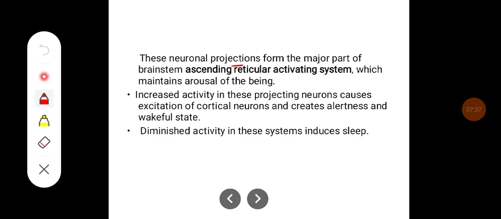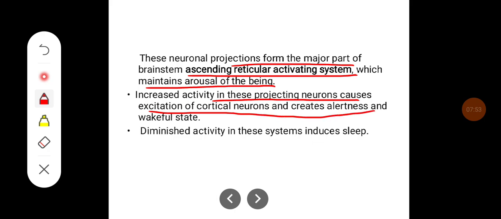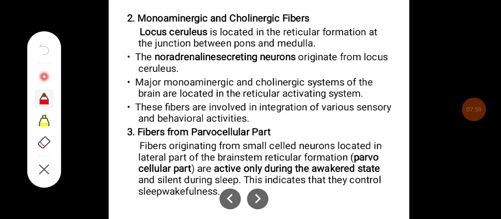These neuronal projections form the major part of the brainstem ascending reticular activating system, which maintains arousal of the being. Increased activity in these projecting neurons causes excitation of cortical neurons and creates alertness and a wakeful state. Diminished activity in these systems induces sleep. Then monoaminergic and cholinergic fibers.